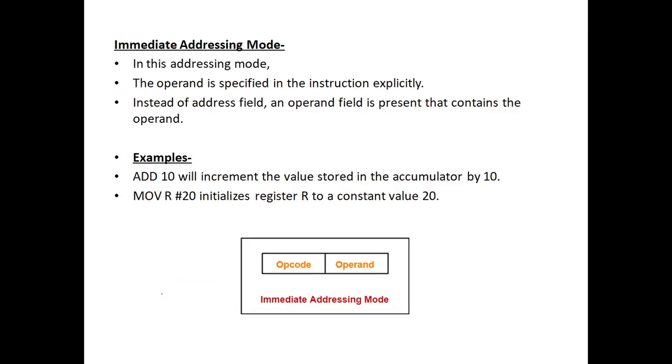And the next one is immediate addressing mode. Previously we had three, right? Here, immediate means that instead of giving the address, we give the data directly, immediately. Suppose the opcode is an operation, that is add, and the operand is 10, which is data.